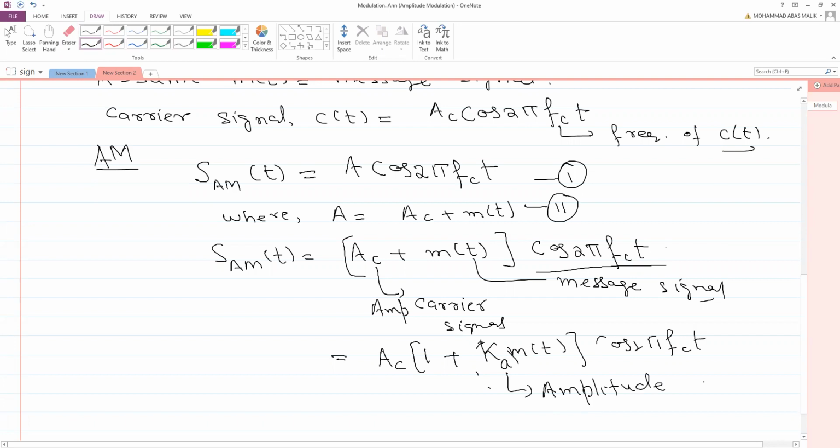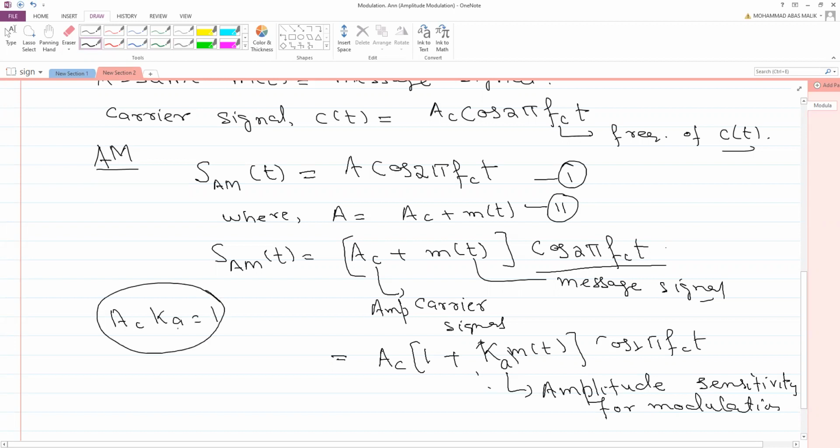You just remember this: Ac into Ka should always be equal to 1, where Ac is the amplitude of the carrier signal and Ka is the amplitude sensitivity of the modulator, and their product should always be equal to 1.